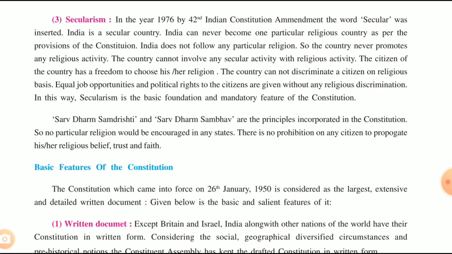No one can force him to follow any religion without his consent. The country cannot discriminate against a citizen on a religious basis. Equal job opportunities and political rights will be given to each and every citizen.